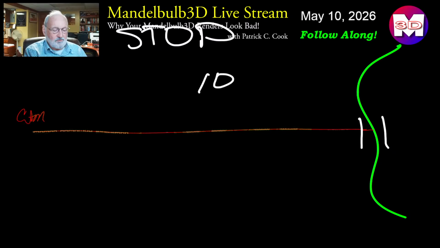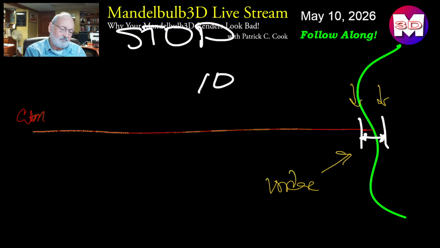In other words, the last step will be somewhere in this range. So the step that's really close to the surface may or may not hit the surface. It may overshoot the surface, or it may undershoot the surface. This is called undersampling, and this is called, you got it, oversampling.